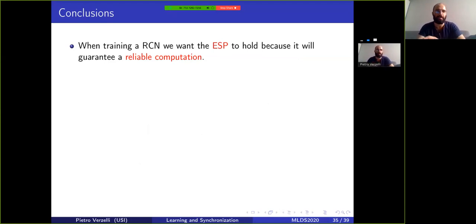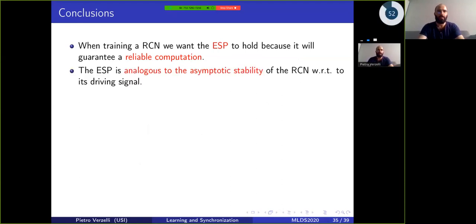Actually, recently there were some objections to this concept of echo-state property, maybe it's not needed, maybe it's not as good as it used to be, but still, in a general sense, maybe ESP, or something similar to it, is what you want. But the echo-state property is analogous to the asymptotic stability of the reservoir computing network with regard to its driving signal U. Okay, this was what we've been discussing.